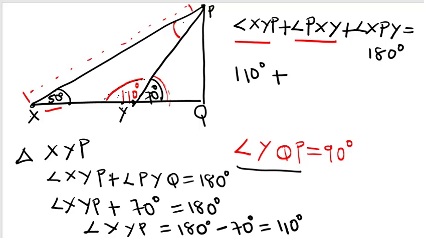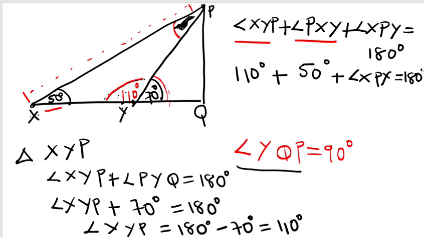That one too, we are going to have our 50 degrees plus what we want to find, that is angle XPY. So the angle here is what we want to find, angle XPY, and they're supposed to give us 180.